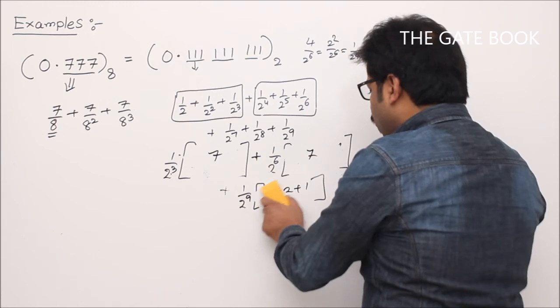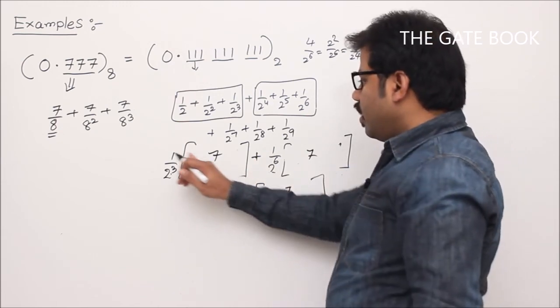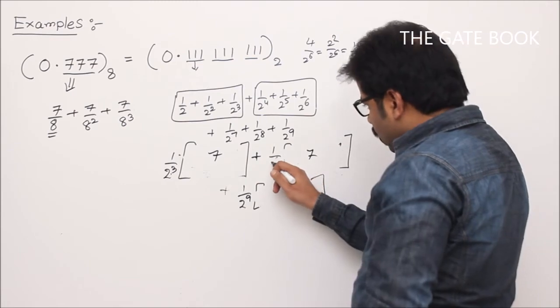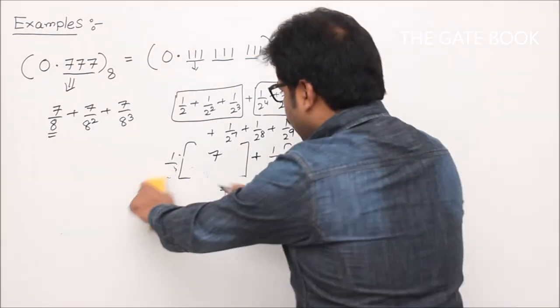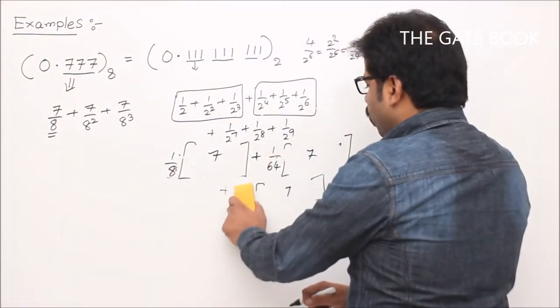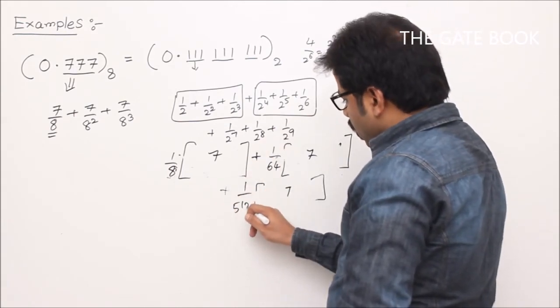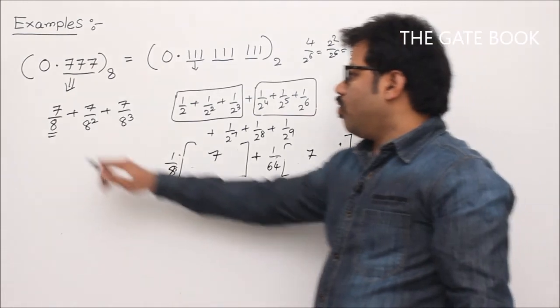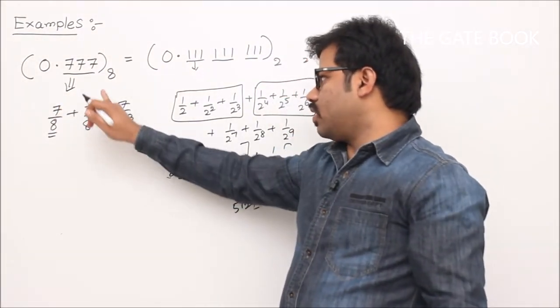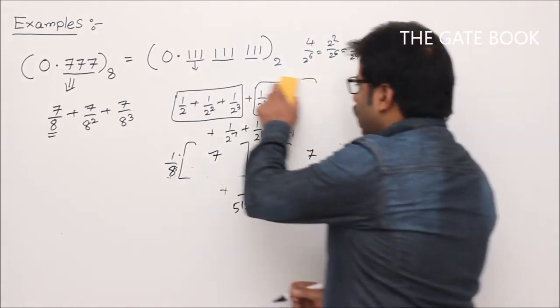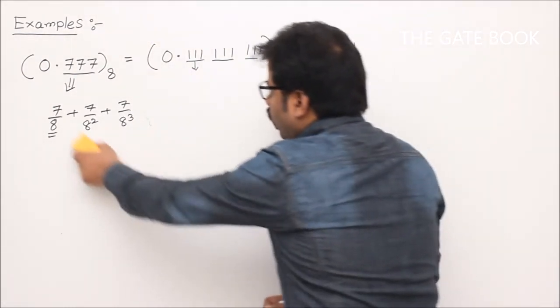So what is the value of this one? 7. It is like 7 into 1 by 2 cube plus 7 into 1 by 2 power 6, which is nothing but 8 square, 64. This is 8. So here this would be 1 by 8 cube, 512 into 7. See, 1 by 8 into 7 plus 1 by 8 square into 7 plus 1 by 8 cube into 7, equivalent, right? So this is what happens actually. That's why these two values are equivalent.